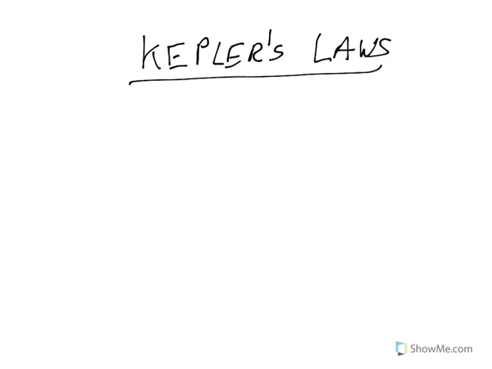Now, there was a fellow named Kepler, and there's a video about Kepler's Laws. He came up with some laws about planets and what they do. So his 3 laws of motion. His first one was elliptical orbits.